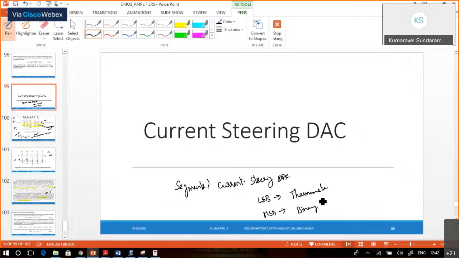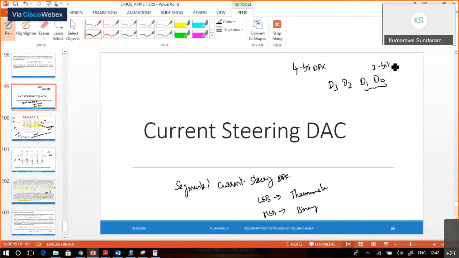They will classify the current sources with respect to thermometer coding. So if I am going to use a 4-bit DAC, with D3, D2, D1, D0, these 2 bits I will be using with thermometric code.